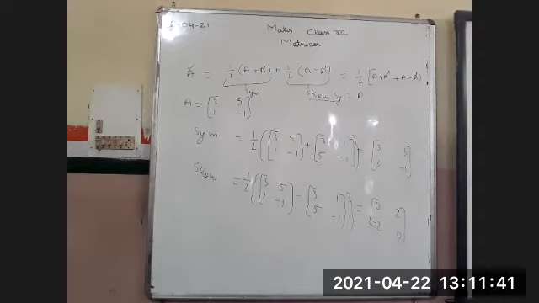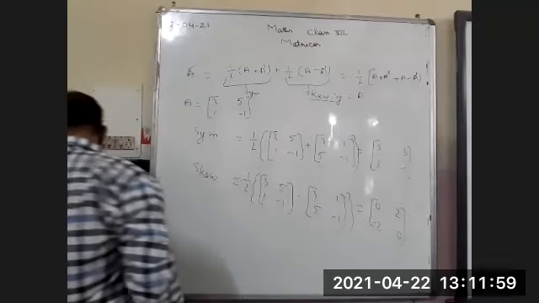Now I'm just considering question number 11. A and B are symmetric matrices of the same order. Then AB minus BA is a skew symmetric matrix or symmetric, you have to give the answer.